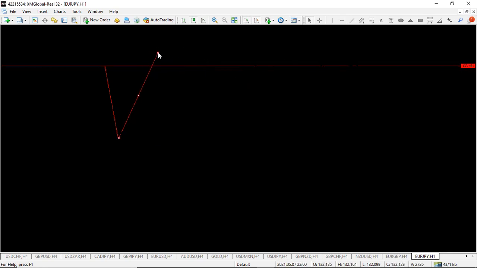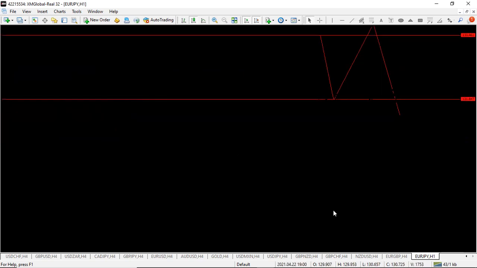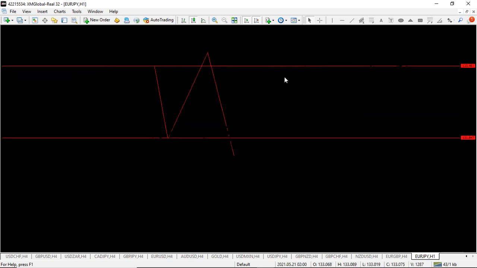I don't know how much, but it takes it away. And then it comes back inside. So it gives you that false breakout. Then it comes and passes again the low pattern. So that's your irregular flat. And then from there the market goes the direction it was going.